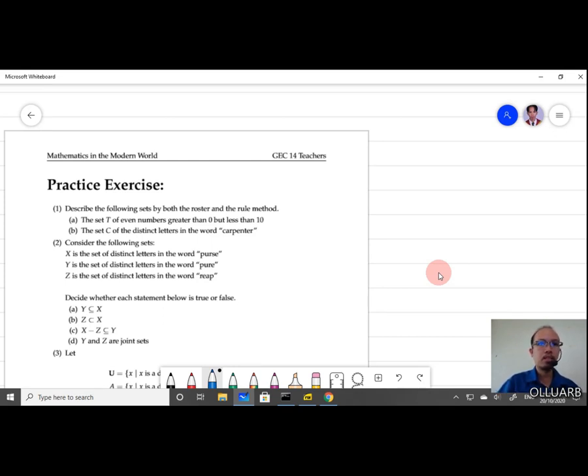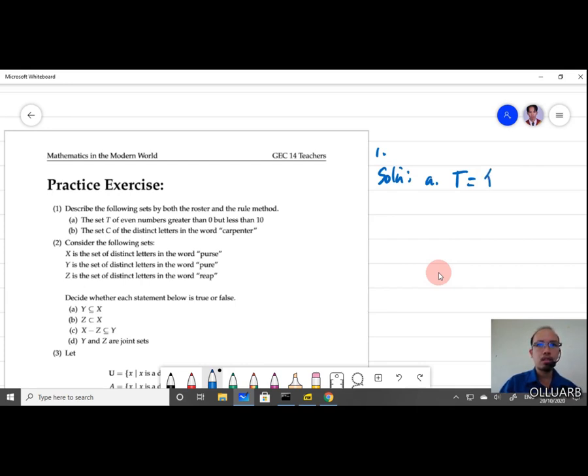Solution, letter A. You are going to describe the set of even integers greater than 0 but less than 10.